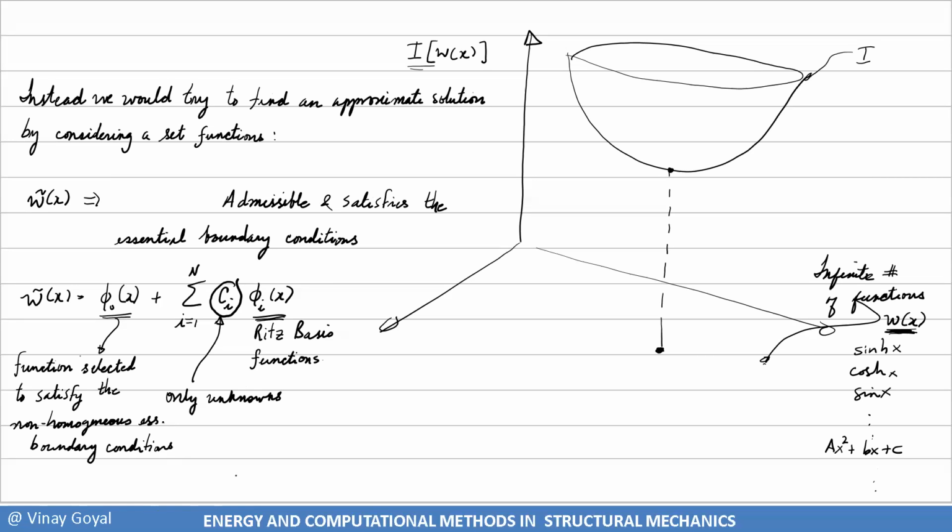So I'm going to come up with an approximation function. Bottom line, this phi naught will be known, don't worry. These phis, we'll select them smartly. So what is the only unknown now? It's the c_i's, which are just constants.